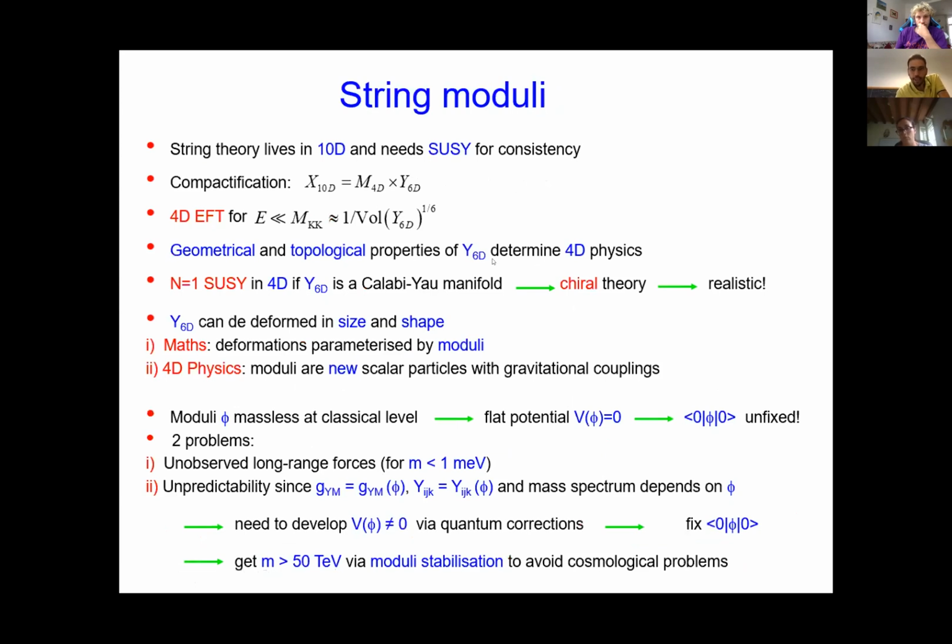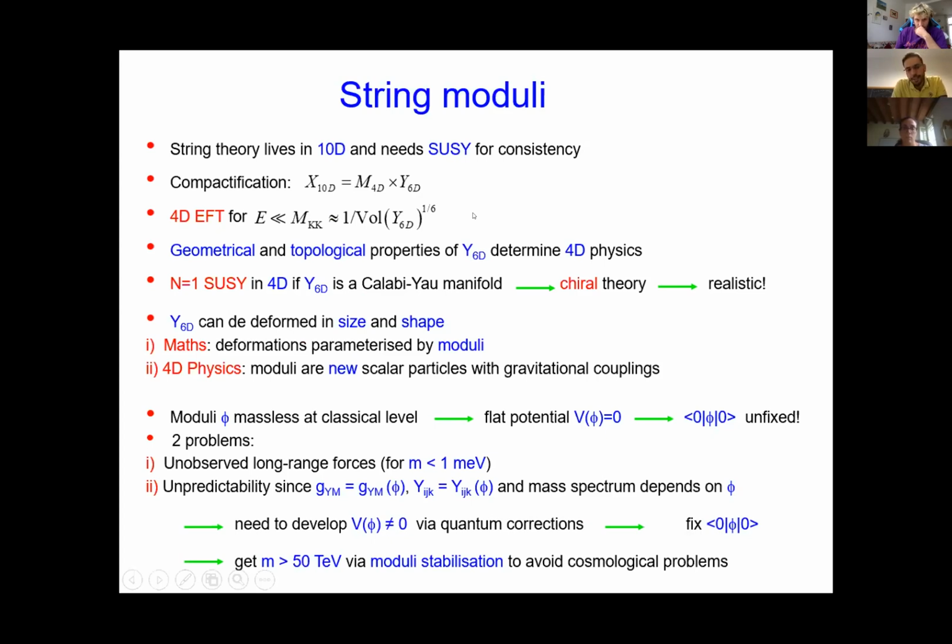So let me quickly mention what these moduli are to understand then the implications for axions. String theory lives in 10 dimensions and needs supersymmetry for consistency. One needs to compactify string theory down to 4 dimensions. So the 10D space-time is Minkowski 4D times a 6-dimensional internal manifold. And one gets down to 4 dimensions by taking a low energy limit where you consider energies below the Kaluza-Klein scale, whose size is set by the volume of the extra dimensions.